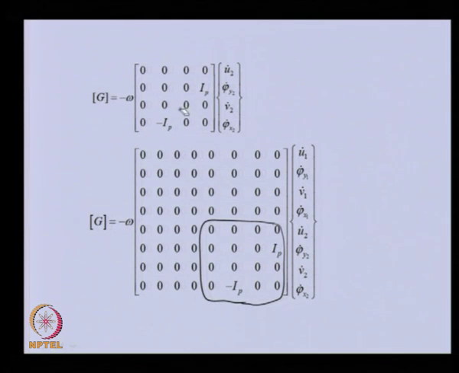This particular matrix has directly come here, because these variables correspond to this variable. So we just expanded this so that we can couple this gyroscopic matrix with our shaft elemental equations.